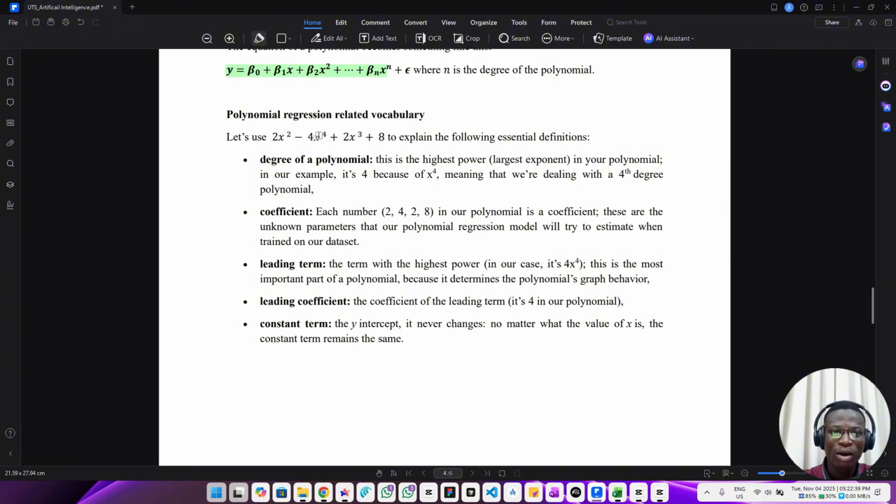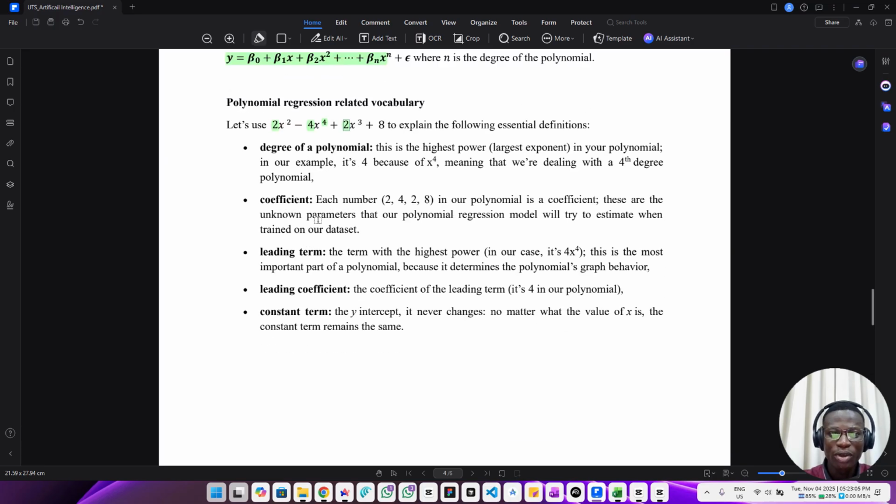The coefficients are these numbers, right? Each number in our polynomial is a coefficient. These are unknown parameters that our polynomial regression model will try to estimate when trained on our data set. And then we have the leading term.